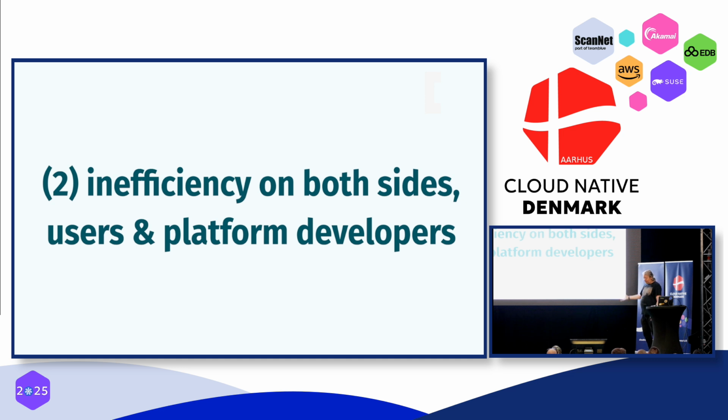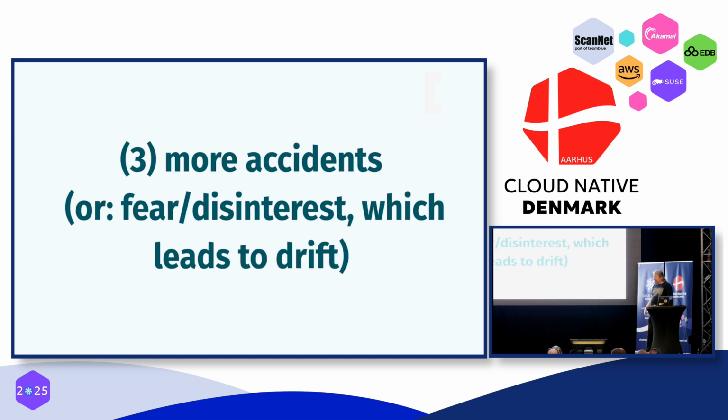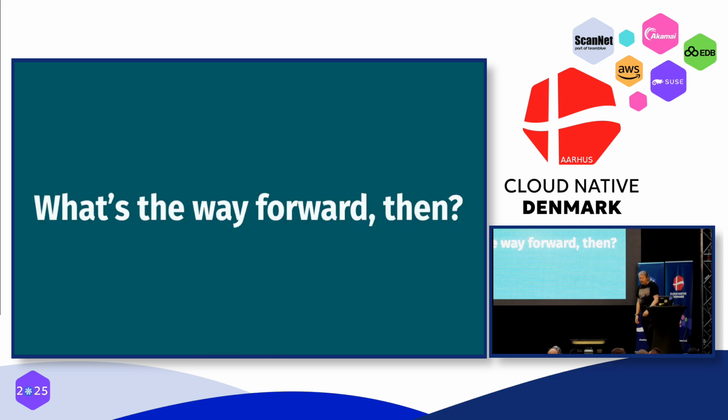They cannot do their job independently from the users, and often they lead to more accidents also. Or in other case, this sort of fear or disinterest, which leads to drift, which leads to more accidents later. So what's the way forward then?